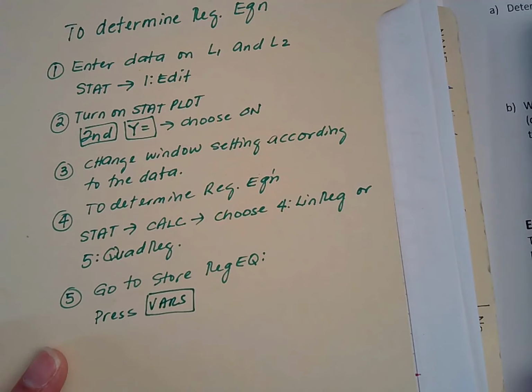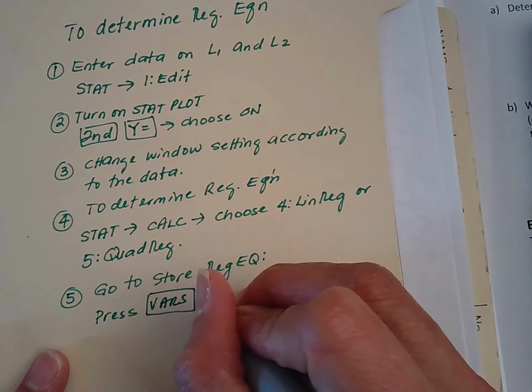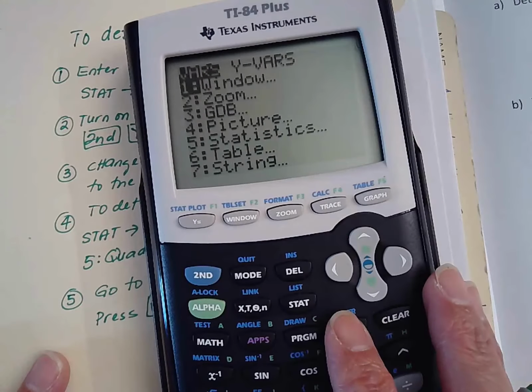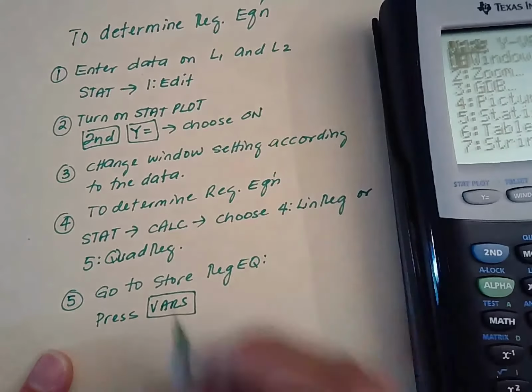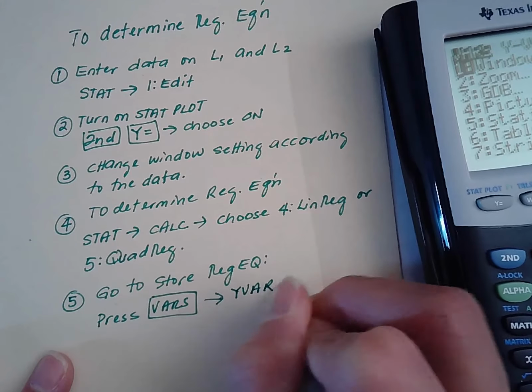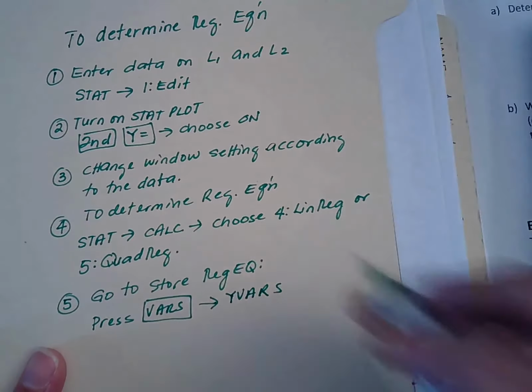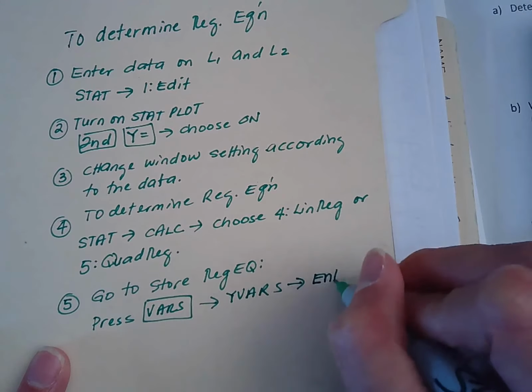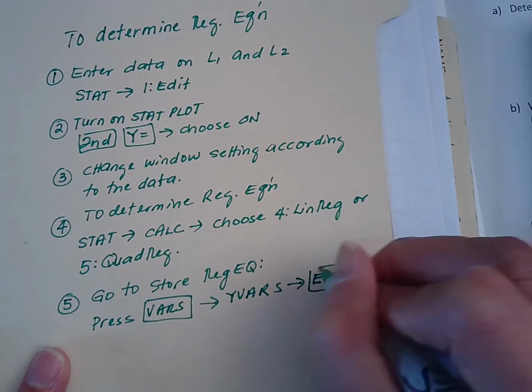Press vars. Write this down for now, don't do that right yet. Vars, and then go to y vars. And then once you have y vars, enter 3 times.